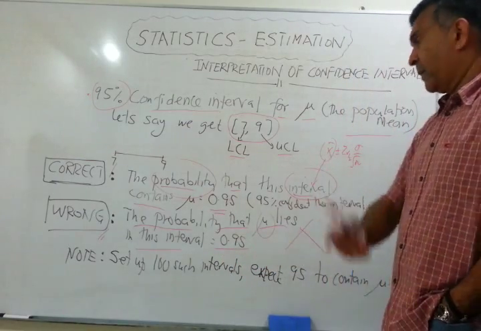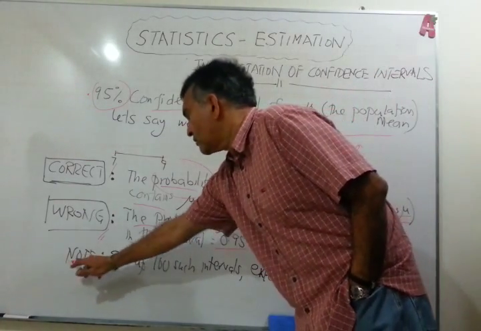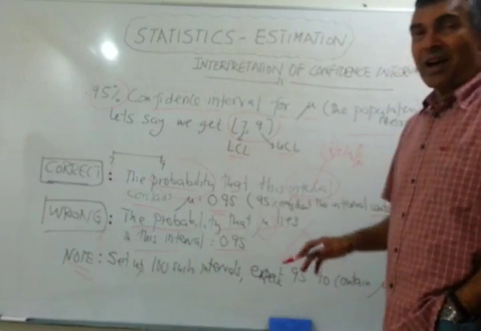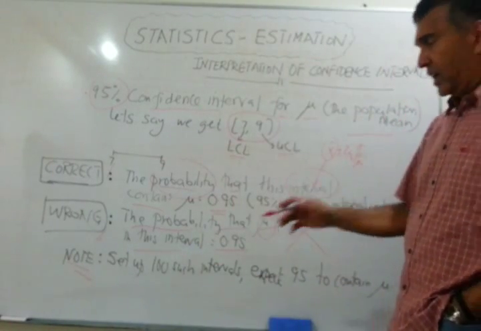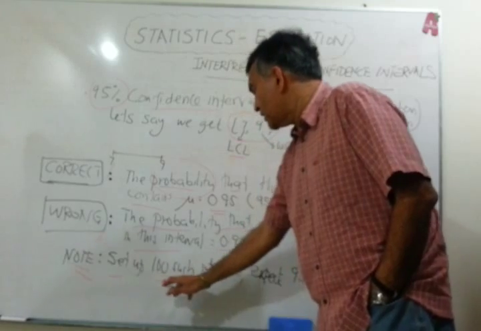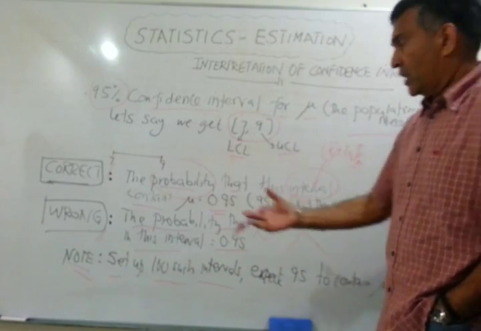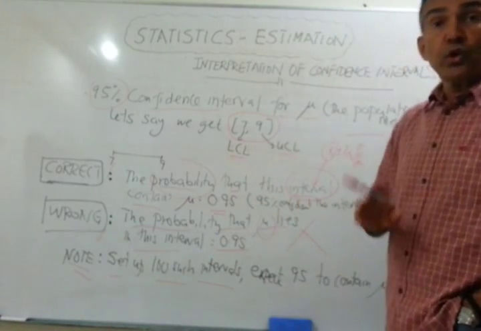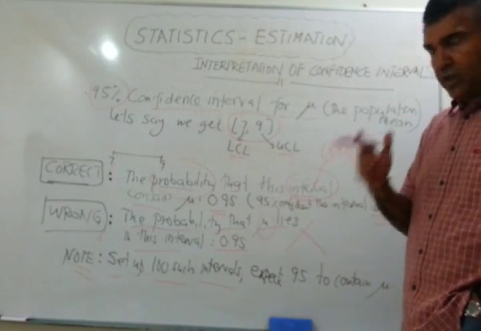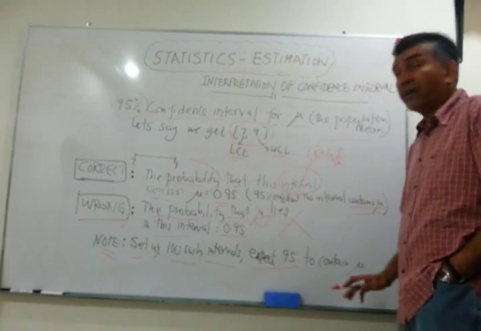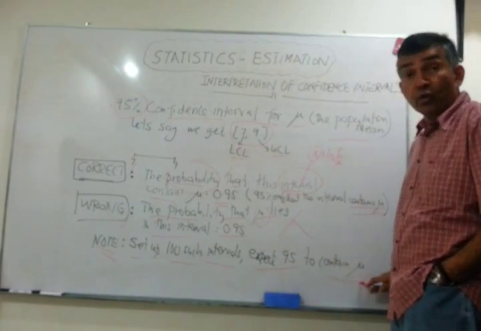That's wrong. Now, take note, if you set up 100 such intervals, that means you have carried out sampling 100 times. You would expect 95 of them to contain mu.